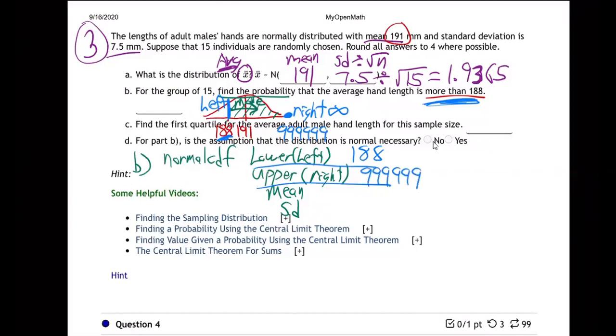That's how we tell the calculator, go forever to the right, infinity, because the shading goes forever to the right. The mean, 191. Standard deviation, this is where we do the 7.5 divided by the square root of 15, because we have a group. They said for the group of 15. So there we go. Put that all into your calculator, and good things will happen.